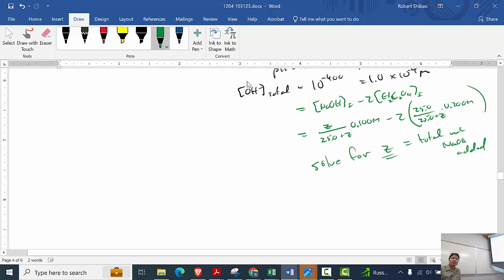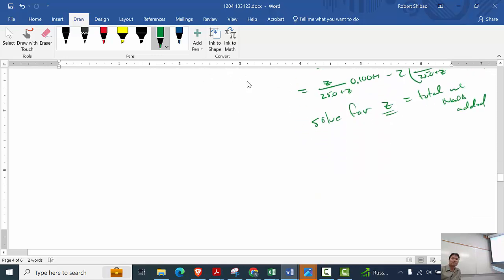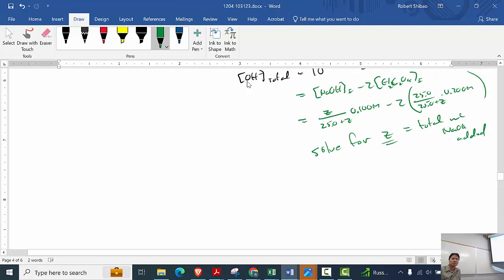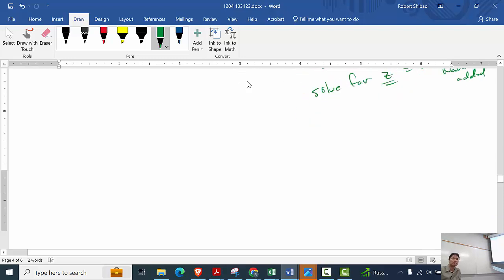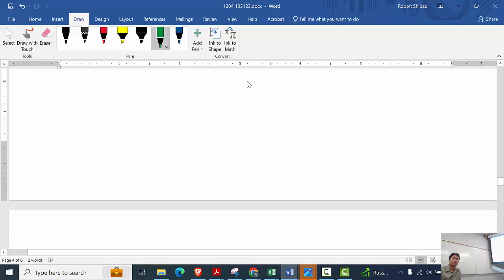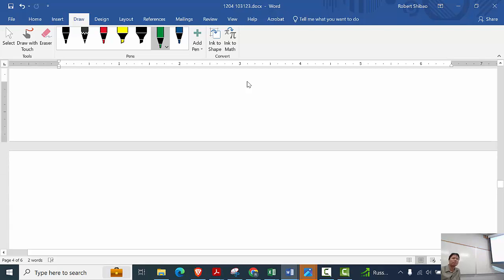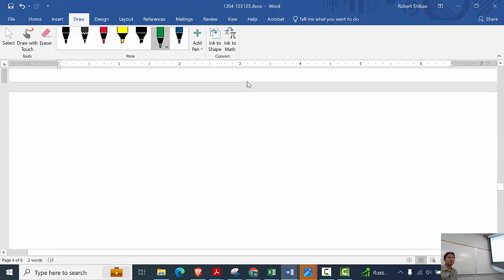All right, in an effort to save time, I'm going to skip solving for Z here, but it's not too difficult, I think. Any questions with that? So those are some standard titration calculations. You should be able to do these kinds of standard titration calculations.